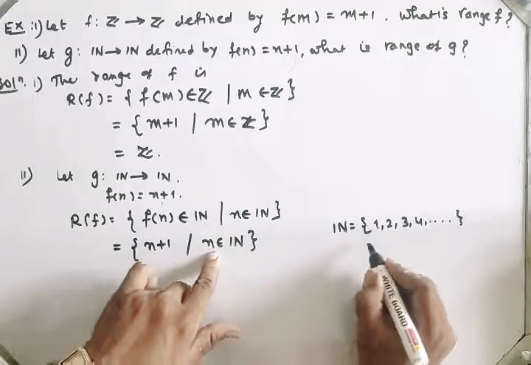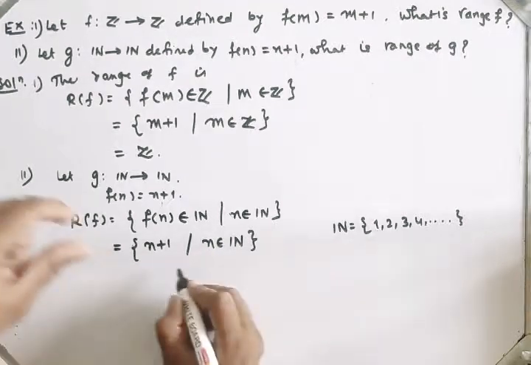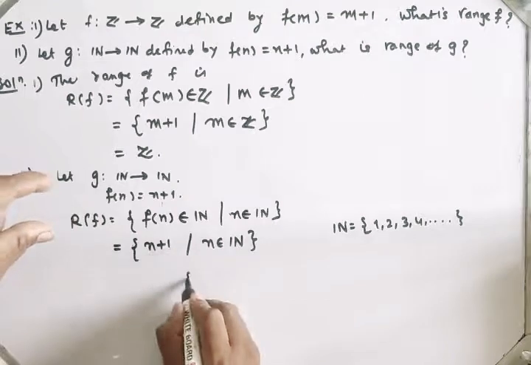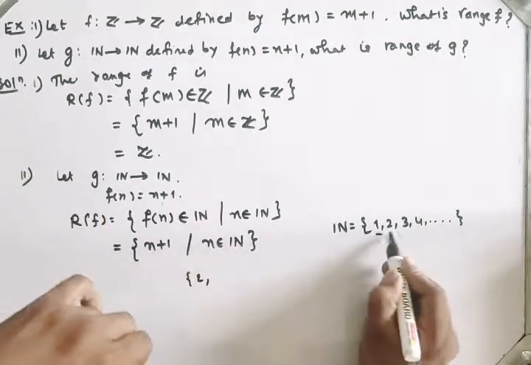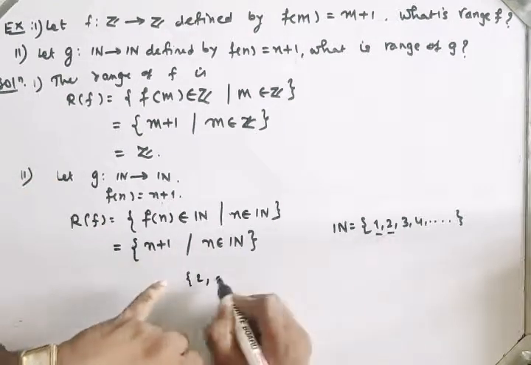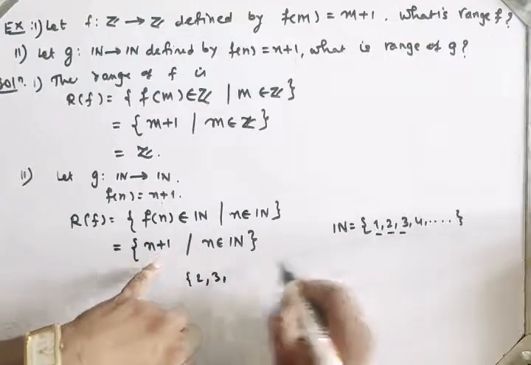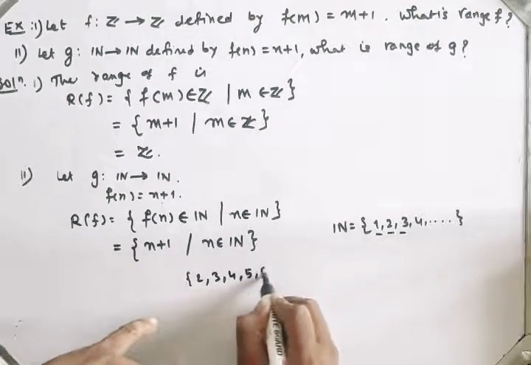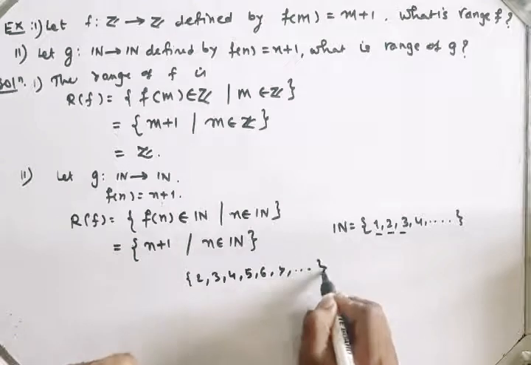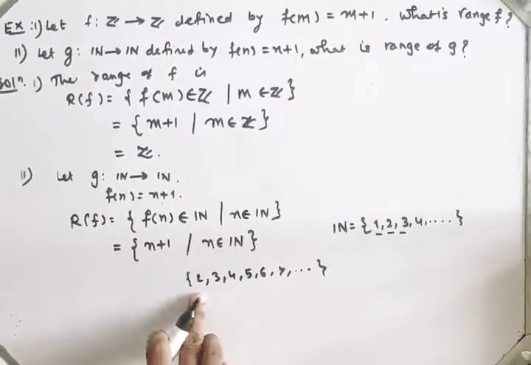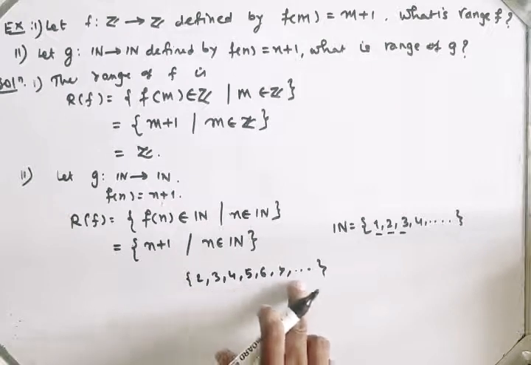Now I will put values of natural numbers in this equation. So I get the first value 1 plus 1, which is 2. Next, the second value 2 plus 1 is 3. Next, 3 plus 1 is 4. Next 5, 6, 7 and so on. This means the set starts from 2 and goes on, 2, 3, 4, 5, 6, 7 and so on.